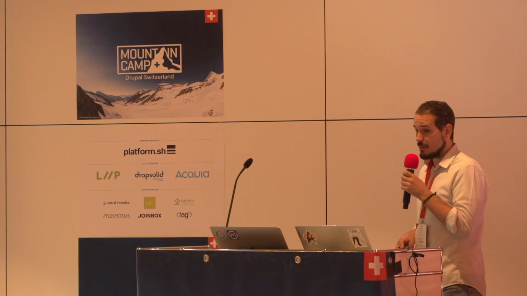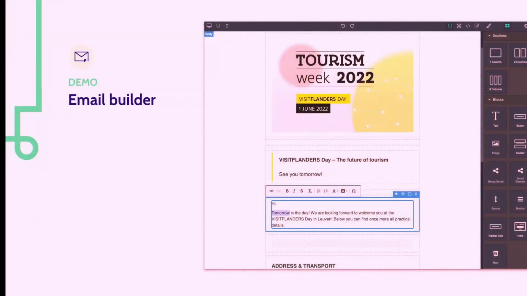And then they have an email builder, a fully JavaScript-based drag and drop email builder, which allows you to build emails from really simple emails all the way to personalized emails with dynamic content based on what you know about the user.